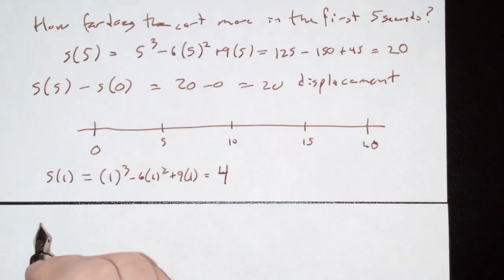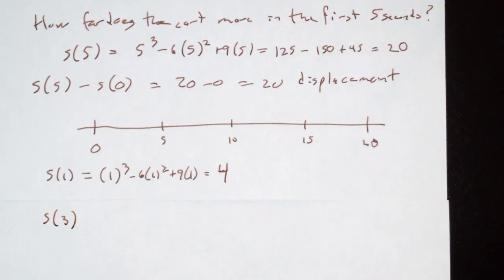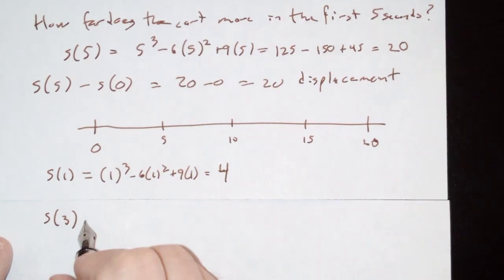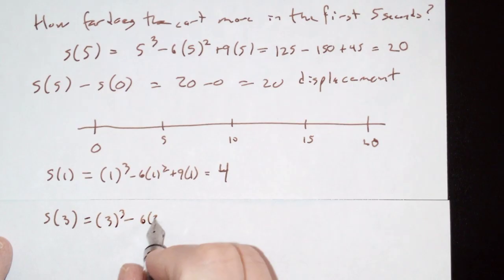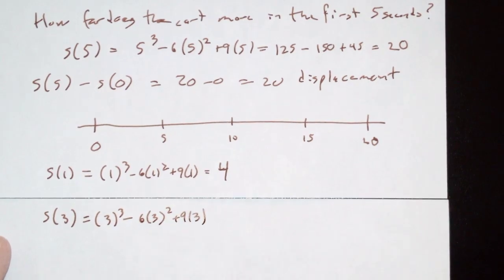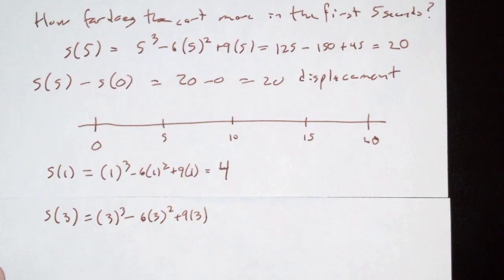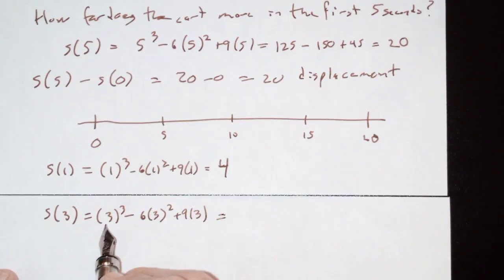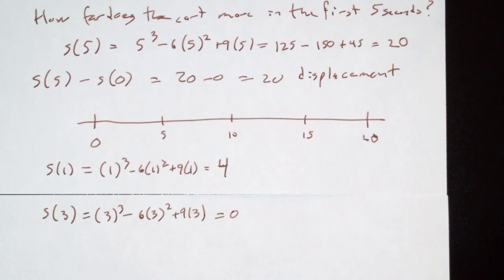Where am I at time 3? I'm back at 0. 27 minus 54 plus 27 puts me right back at 0.